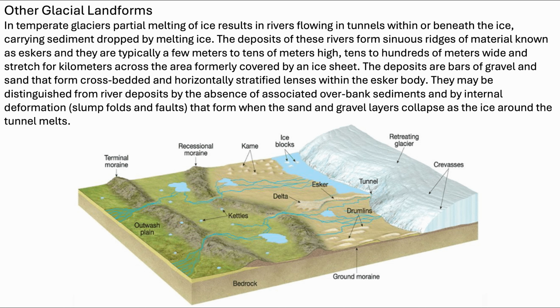In temperate glaciers, partial melting of ice results in rivers flowing through tunnels within or beneath the ice that can carry sediment dropped by melting ice. The deposits of these rivers form snake-like ridges that are known as eskers, and they can be a few meters to tens of meters high and tens of meters to hundreds of meters wide, and they could be as much as several kilometers long, basically covering the entire area that was formerly under the ice sheet.